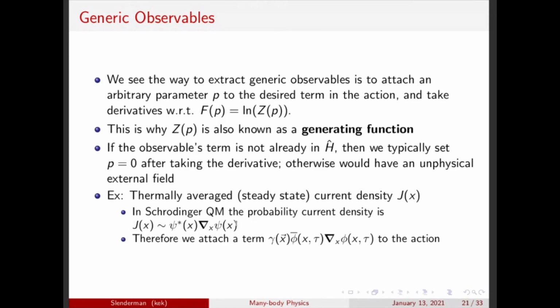But let's just say it looks like this for now. And so we're going to attach a term gamma of x that's going to play the role of mu of x before, times phi bar times the gradient of phi to the action.